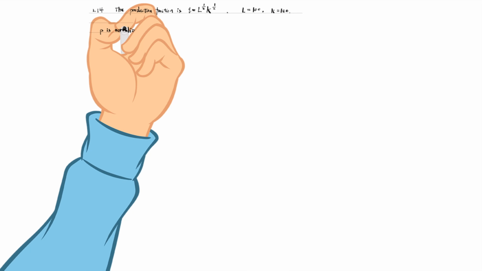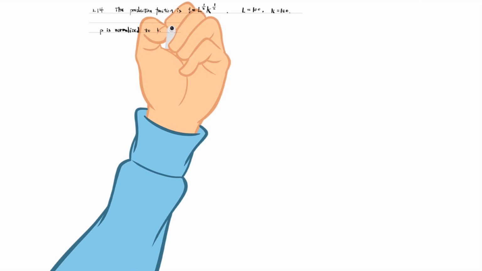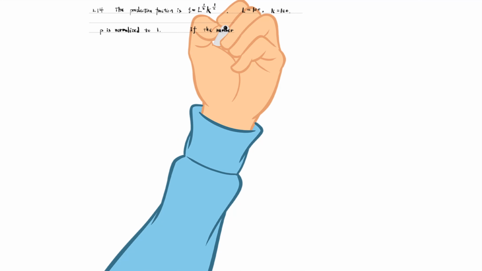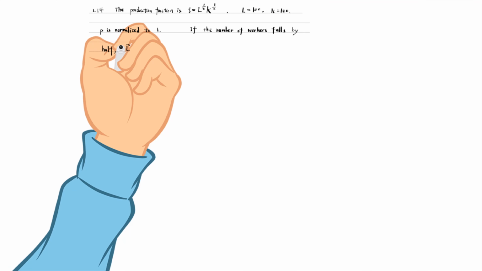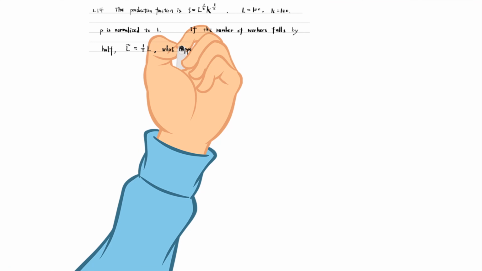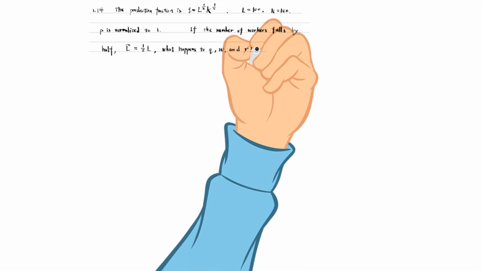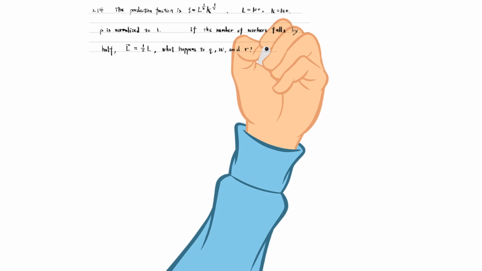The output market is competitive and the price is normalized to 1. The question is, if the number of workers falls by half, what happens to the output, the wage, and the rental price of capital? We solve it in 3 steps.